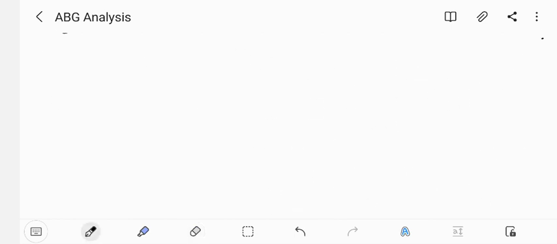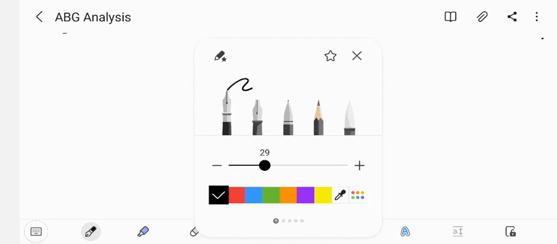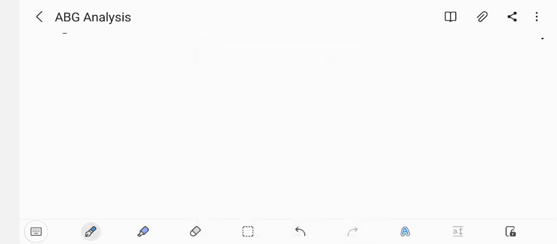Okay, now we will move on to more things. What is respiration? In respiration there is an exchange of carbon dioxide and oxygen at the cellular level. Respiration is a cellular process, not breathing. Breathing is different.